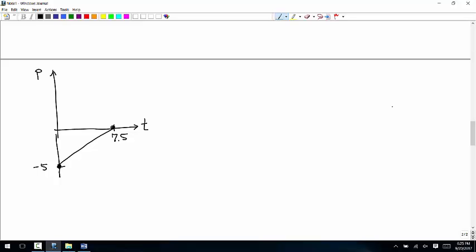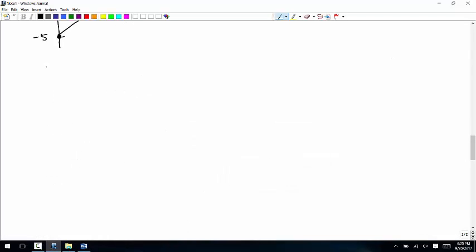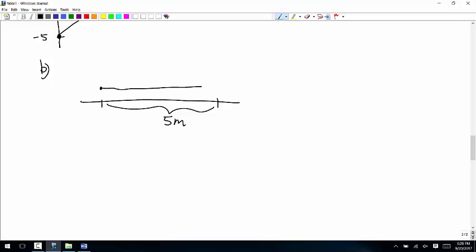And then for the second one, this time the 0 position is at A, and the positive direction is in the same way. So we still have this same motion that looks like this. That's 0 seconds, 7.5 seconds.